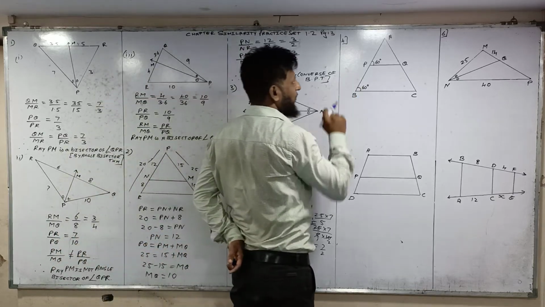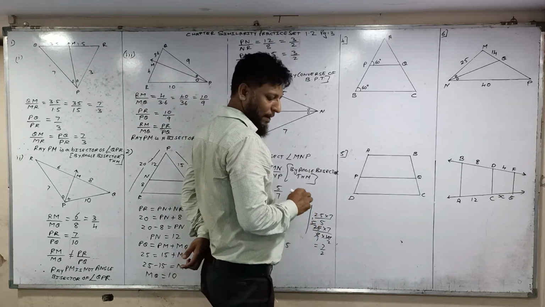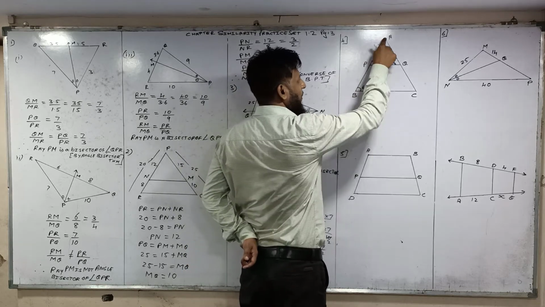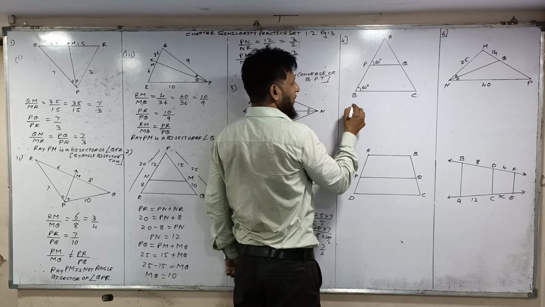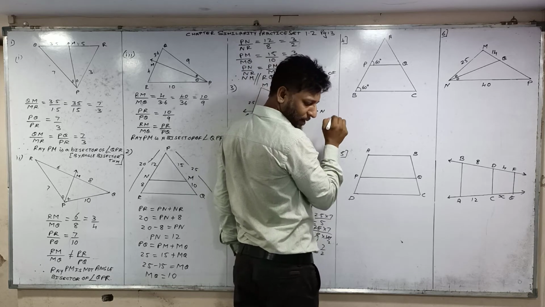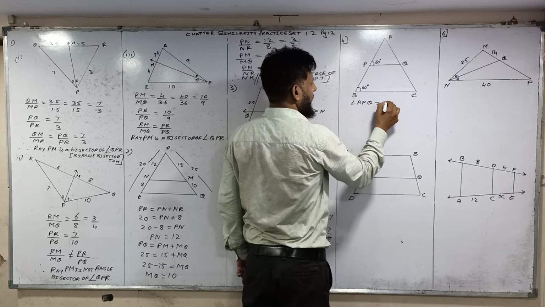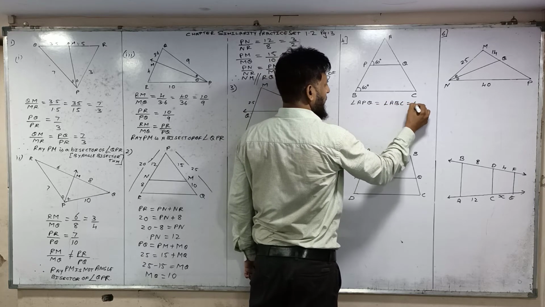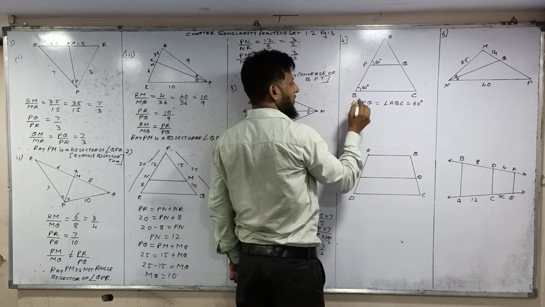In question number 4, you have to prove that AP upon PB is equal to AQ upon QC. So in the diagram you can see angle APQ is equal to angle ABC, both are 60-degree angles. These are corresponding angles, and corresponding angles are congruent.